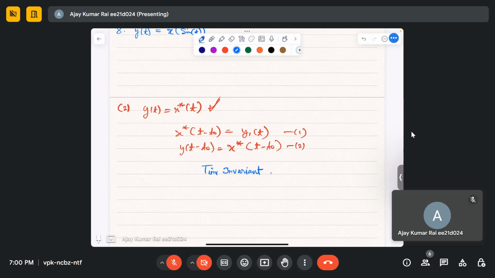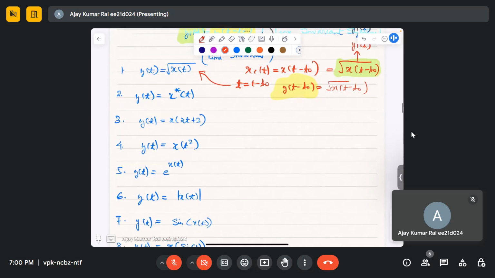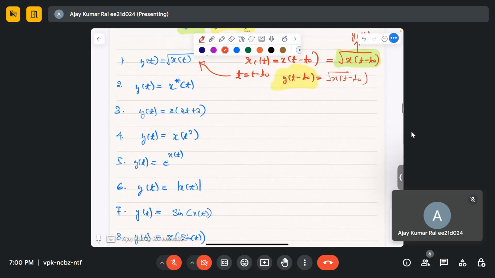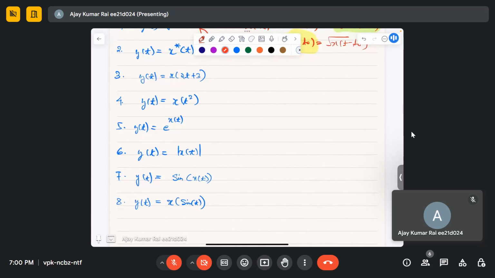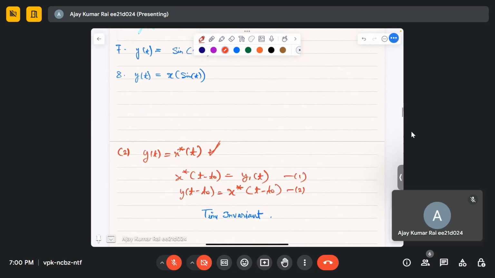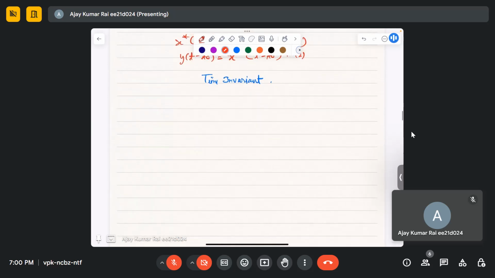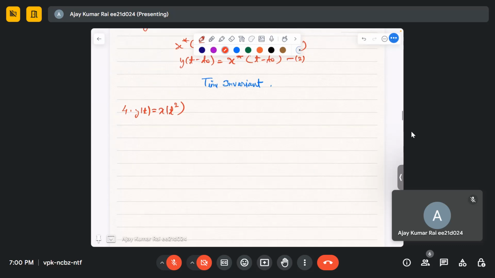Okay, let me do, you'll get more clarity if I do the time variant. Let me do the fourth one. You can do the third one. Let me do the fourth one. So fourth one is y of t equal to xt squared. Let me delay the input by t naught.